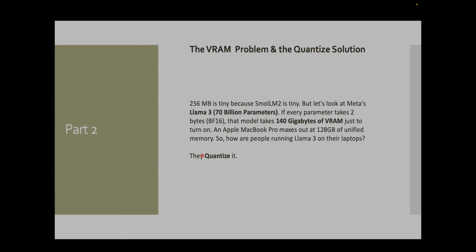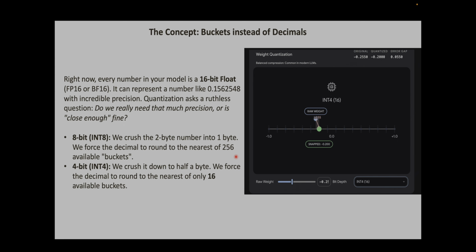So the correct way is to quantize it. I haven't covered much of this, like how we quantize it, but just to show you what it is, this is a weight quantization tool.